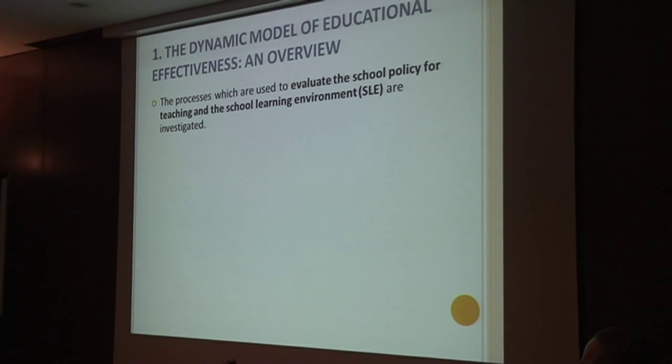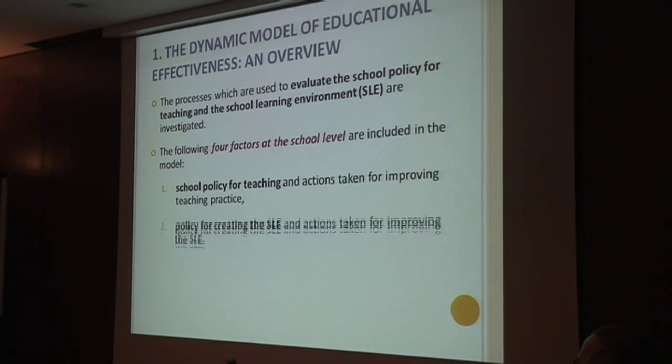Why? Because we believe that both policy on teaching and the school learning environment are continuously changing. So you need also to look at evaluation. So the model also refers to school evaluation, and especially the evaluation of policy for teaching and the evaluation of the school learning environment.